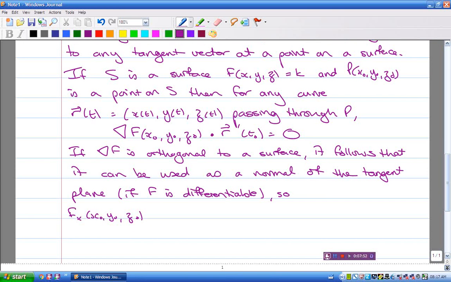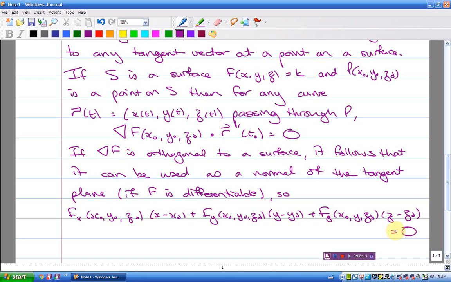Here my a, b, and c will be my 3 partial derivatives. So my x partial derivative times x minus x naught plus my y partial derivative times y minus y naught plus my z partial derivative times z minus z naught equals 0. And that's the equation of my tangent plane.